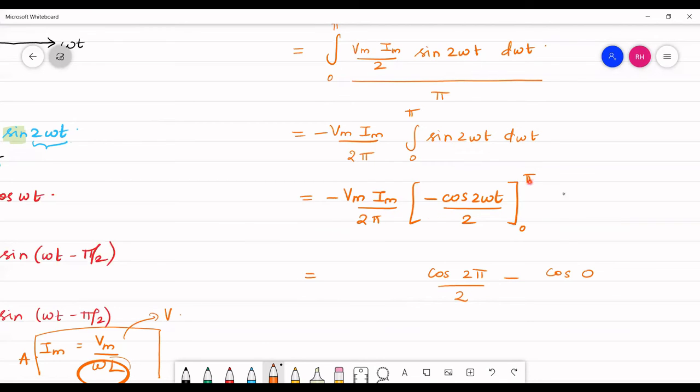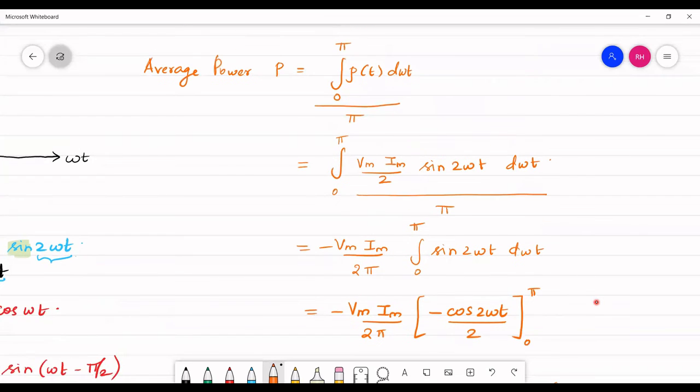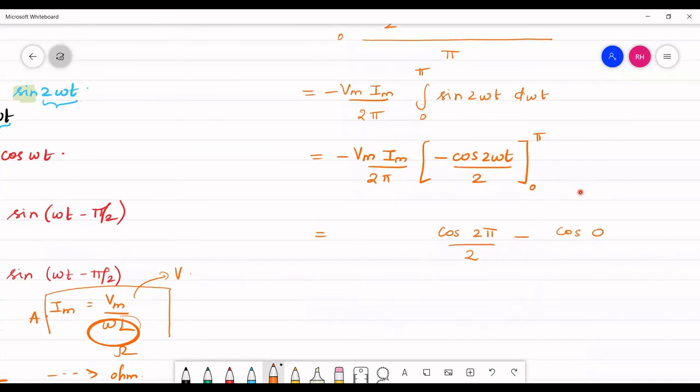We already have a minus sign, sorry. So it is minus cos 0 divided by 2, minus Vm Im, is now becoming plus, 2 pi.